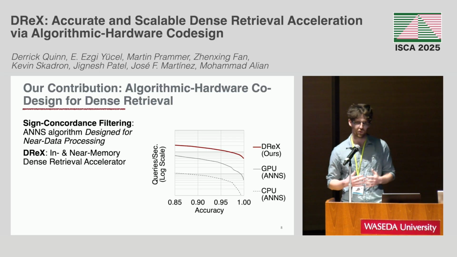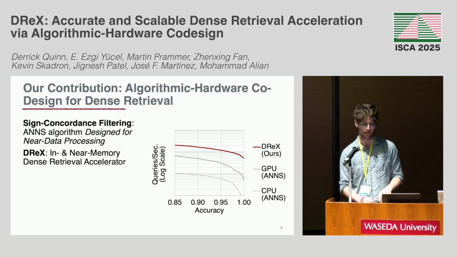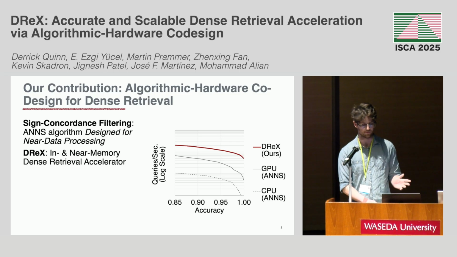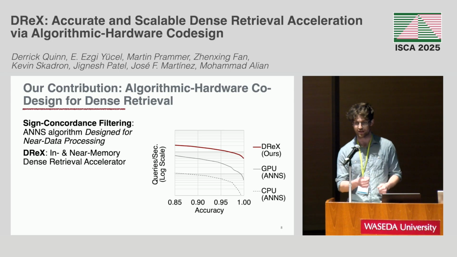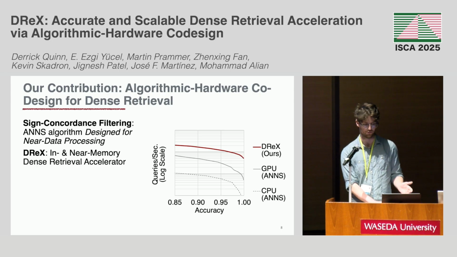To that end, what we contribute in this work is an algorithm-hardware co-design approach for dense retrieval. Specifically, it's sign concordance filtering, which is a novel near data processing friendly ANNS algorithm, and then an accelerator called DReX, which uses in and near memory processing to accelerate dense retrieval.